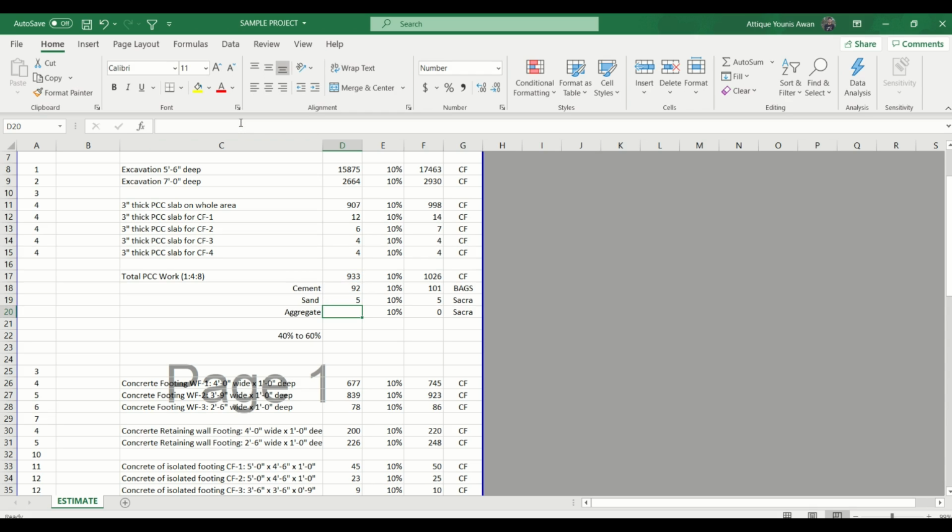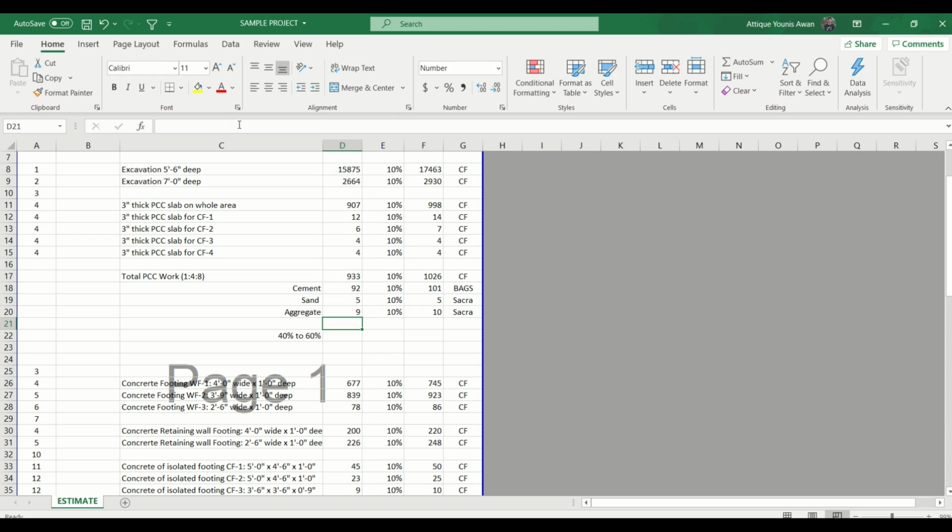So we have seen that we will need 5 sacra of sand and 101 bags of cement for 933 cubic feet of PCC work. So finally we are going to repeat the same process for aggregate, which is going to be 60% for the wet mix, and again we are going to have the total cubic foot, and the portion of the aggregates in our mix is 8, so we are going to divide it by the sum of the mix, and finally for the sacra we are going to divide it by 100.